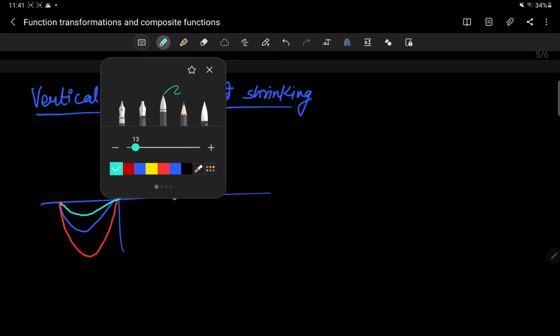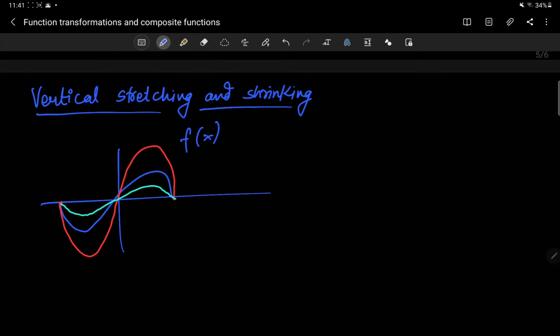This one is, like the shifting, vertical and horizontal, easy to visualize, because what we're doing here is we are either increasing the output or decreasing the output.